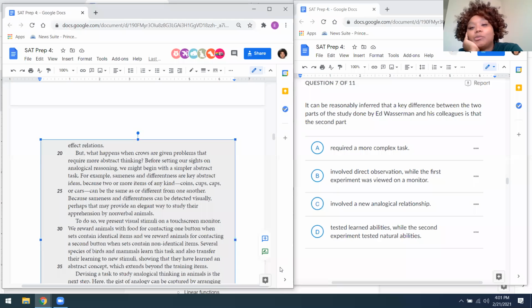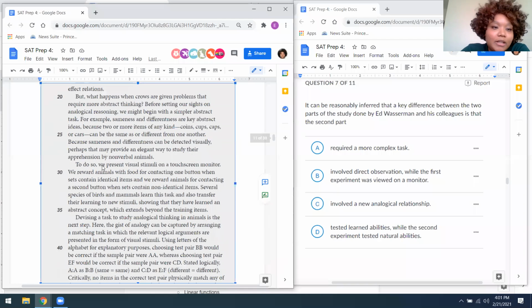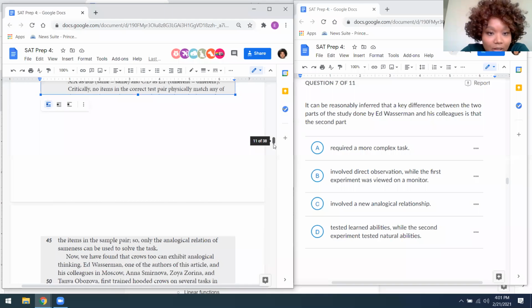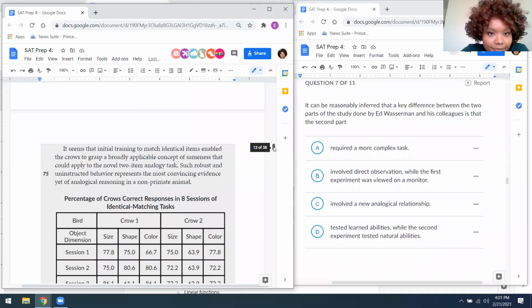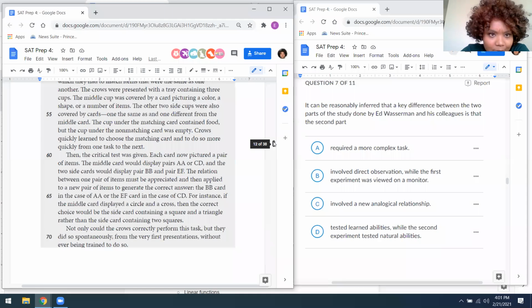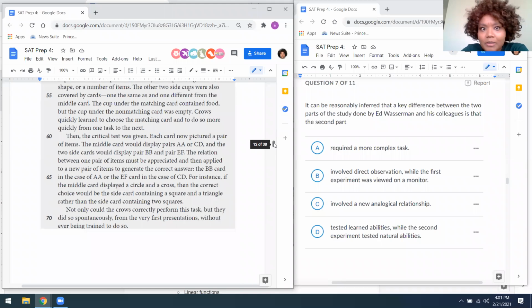I can see why you would choose B. Because the animals at first did, as per line 29, they presented the visual stimuli on a touchscreen monitor, and then they did the cups or whatever. I read this last week, so I forgot some of the details, but they did the cups for the second part or whatever.